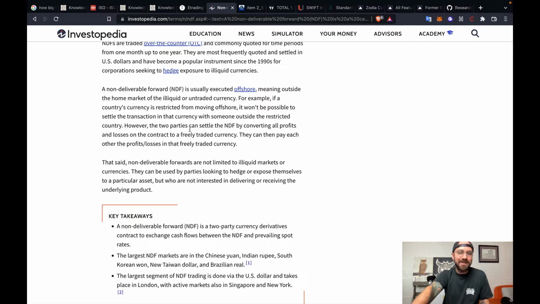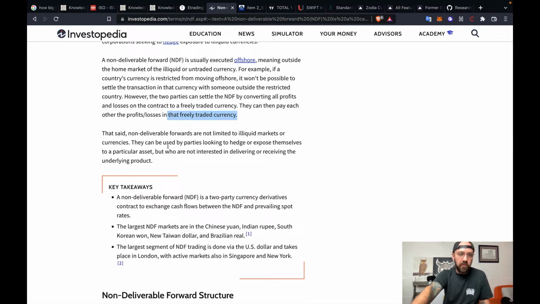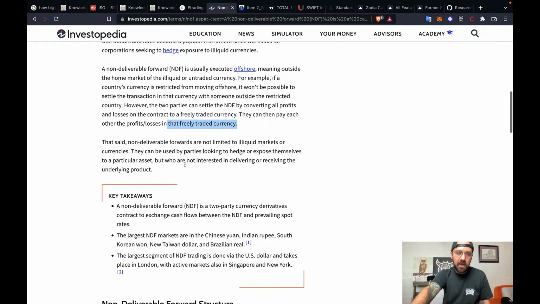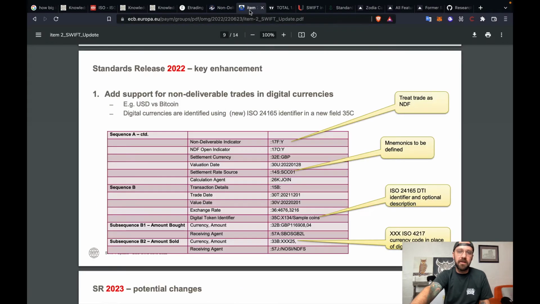However, the two parties can settle the non-deliverable forward by converting all profits and losses on the contract to a quote-unquote freely traded currency. They can then pay the profits or losses in that same freely traded currency. Also, non-deliverable forwards could be utilized for parties looking to hedge or expose themselves to a particular asset, but who are not interested in delivering or receiving the underlying product.